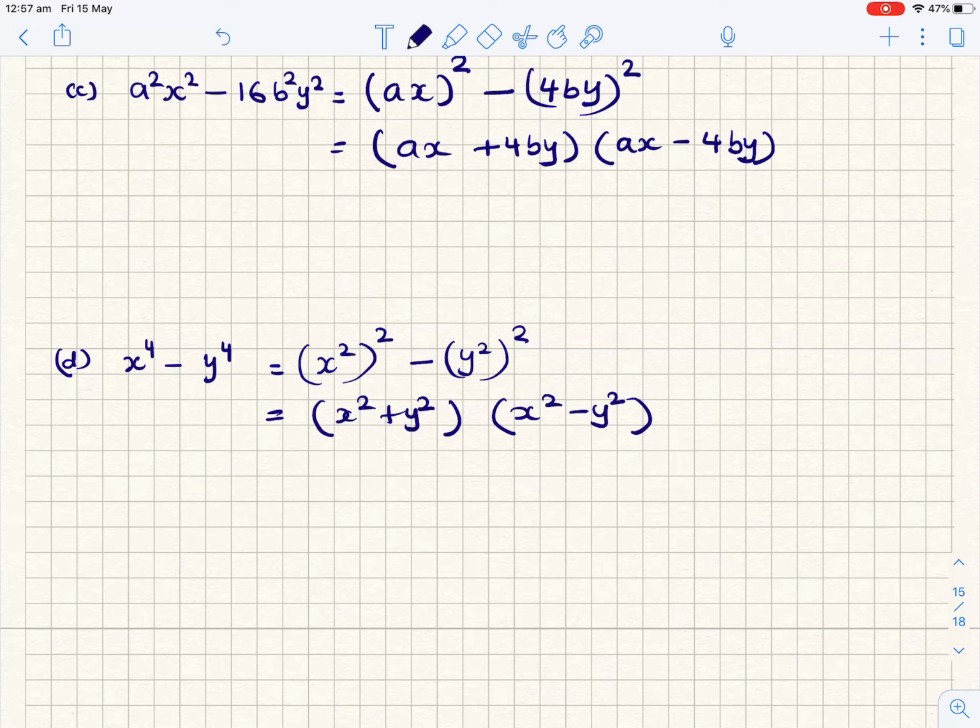Now it's still not completely factorized. We cannot factorize x squared plus y squared further, so write this as it is. However, we can factorize x squared minus y squared, which is again a difference of squares. So I can write x plus y times x minus y.